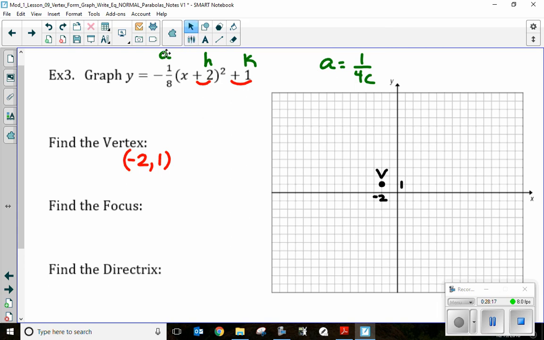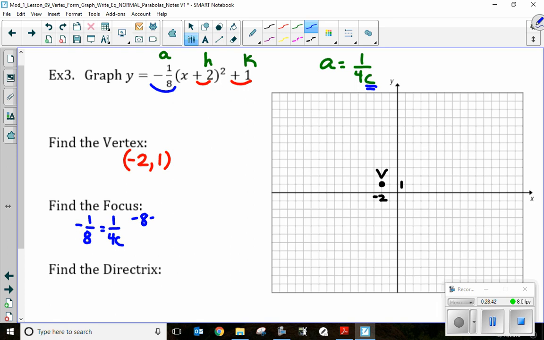Let's find the focus. And I know I need that C value for my focus. This tells me the distance from my vertex to my focus. So if my A value is negative 1/8, and my A value should equal 1 over 4C, then negative 8 equals 4C.